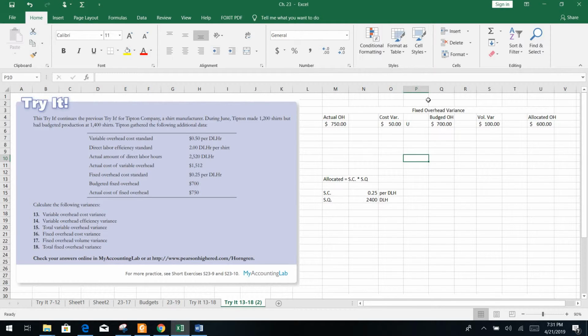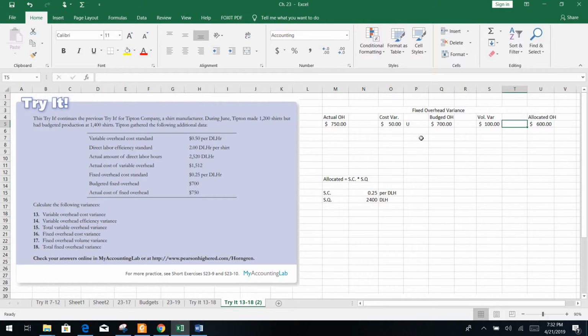So then once I found this out, I look at this 750 here and this 600 here. The difference between 750 and 600 is 150. So, well, I got 100 here and I got 50 here. So 750 and 600, I've got to get a 150 difference.